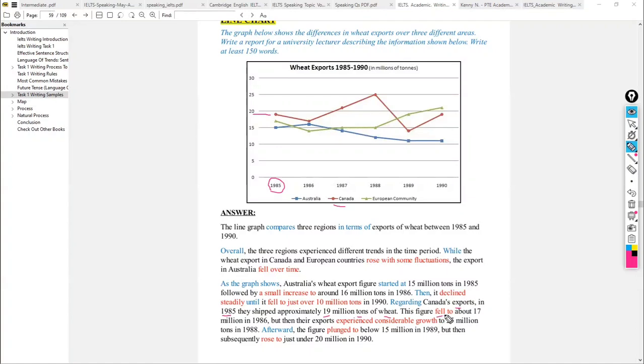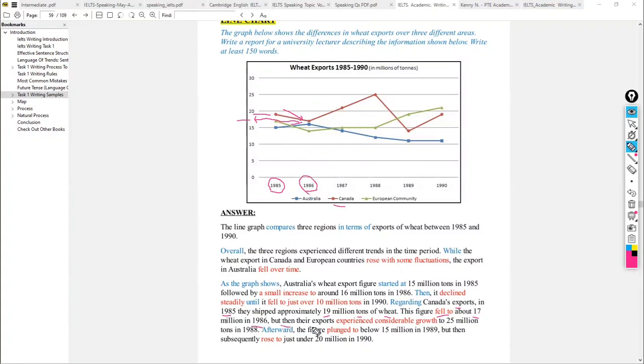Now this figure fell to about 17 million, if you want to check the exact amount, in 1986.